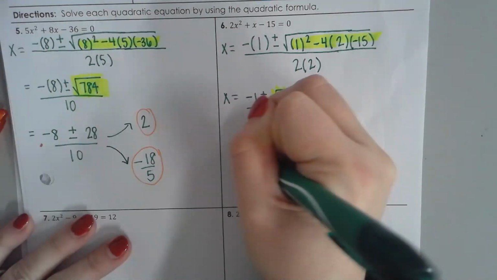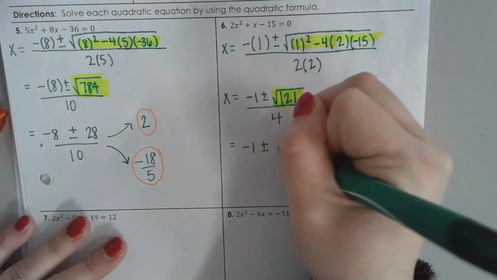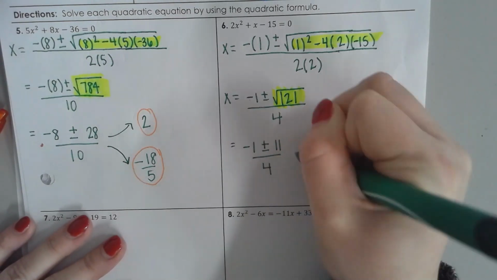So this is really negative 1 plus or minus 11 over 4.